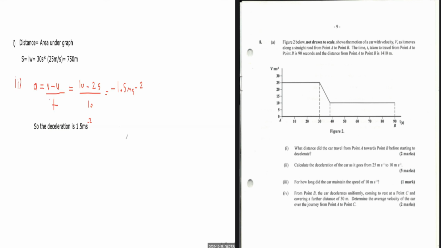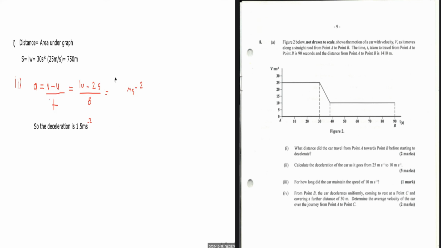Oh shoot, an error was made right there. According to the graph, that's not 40, that's actually 38, so this should be 8 seconds. My sincere apologies, looking at the graph, that is 8, it doesn't reach 40 yet.